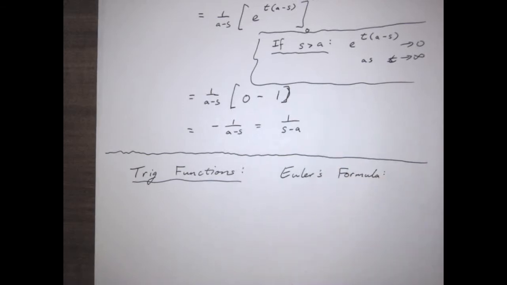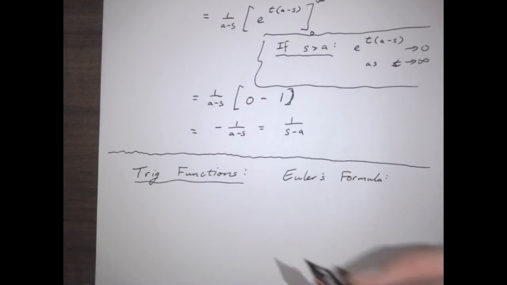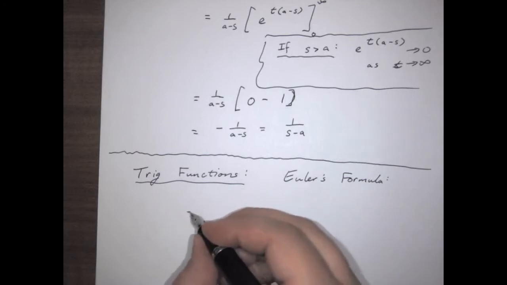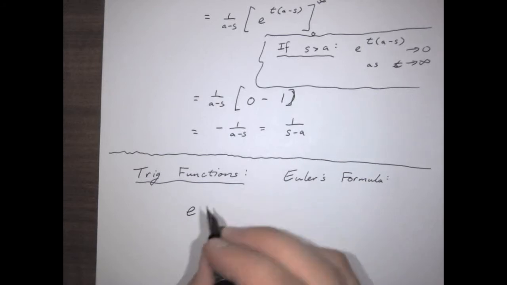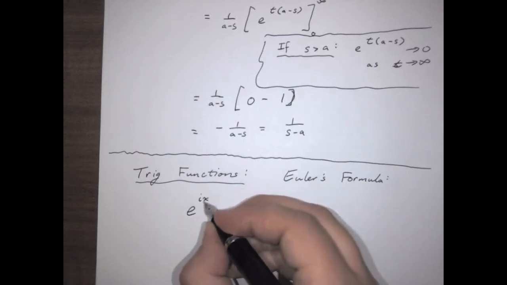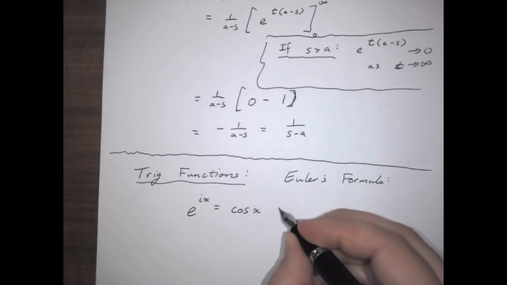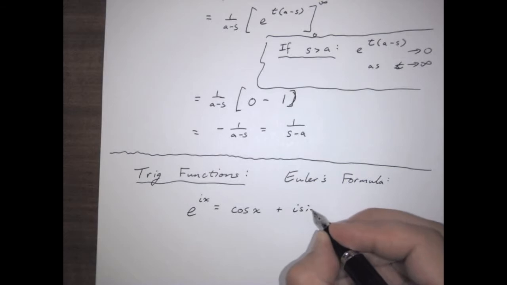It was originally derived as a result of some other facts related to the trig functions. But anyway, e to the ix is the same as cosine x plus i sine x.